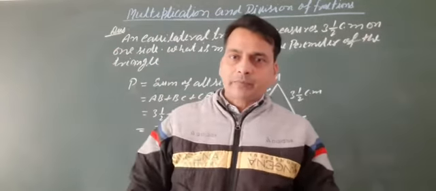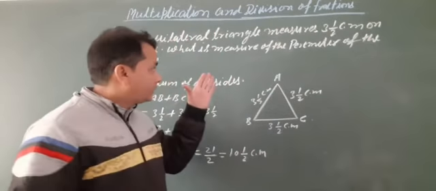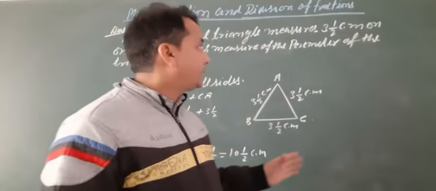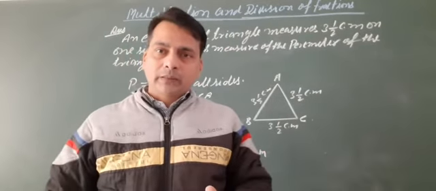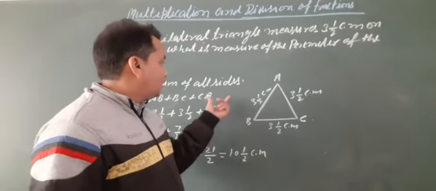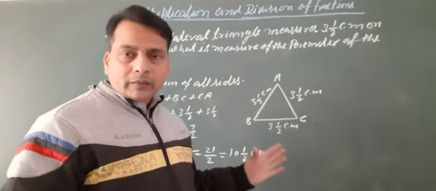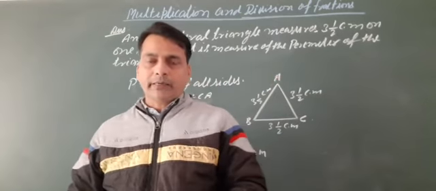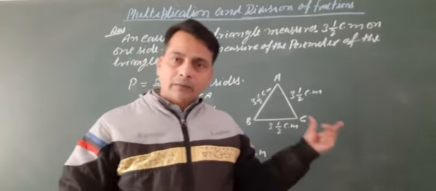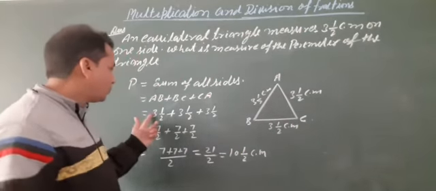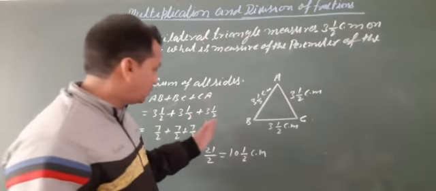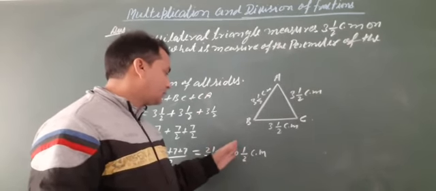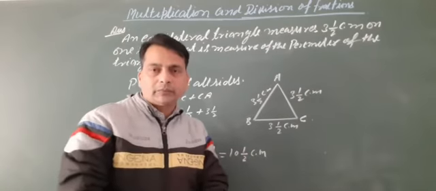Means the perimeter of the equilateral triangle, whose sides are 3 whole 1 by 2 centimeter, is the sum of all sides, that is 3 whole 1 by 2 plus 3 whole 1 by 2 plus 3 whole 1 by 2. So the perimeter of the triangle is 10 whole 1 by 2 centimeter.